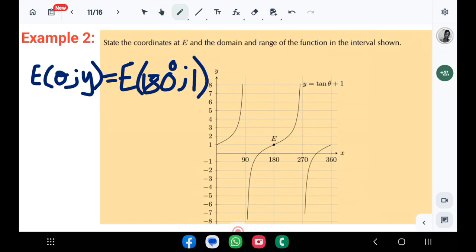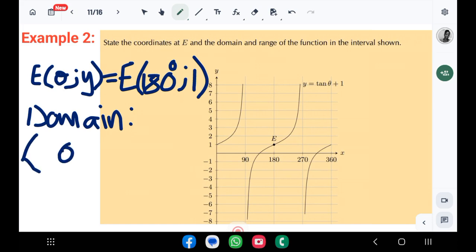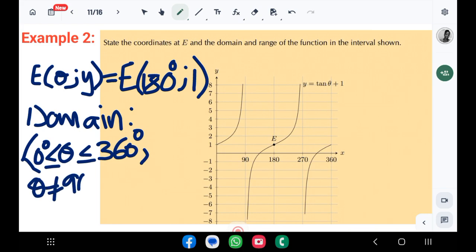So the domain is such that theta is between and including 0 and 360 degrees, but theta is not equal to 90 degrees and it's not equal to 270 degrees. That's the domain.